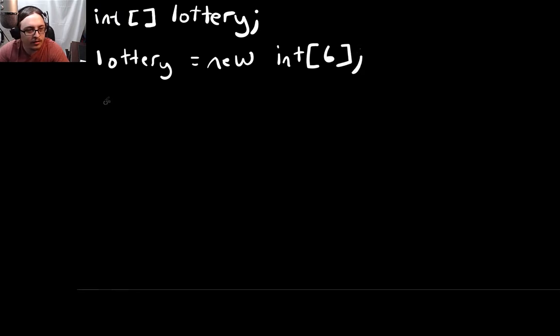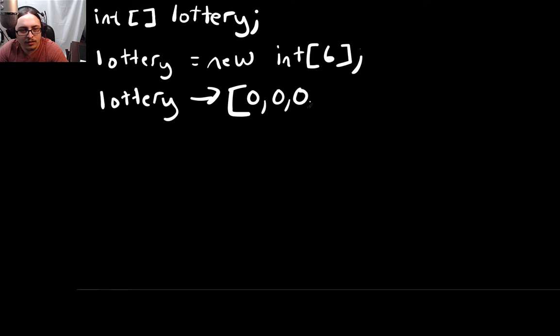Okay. So now lottery looks like this. We have 6 variables stored in lottery, and they're all set to 0 currently.